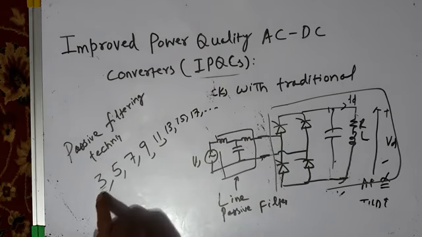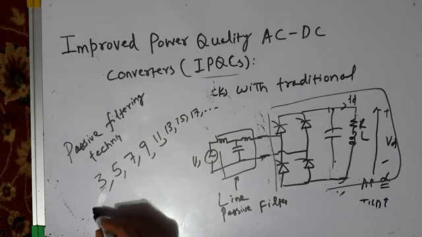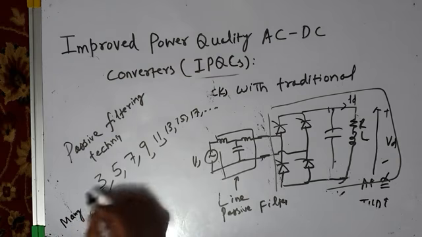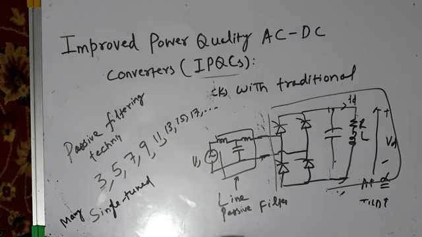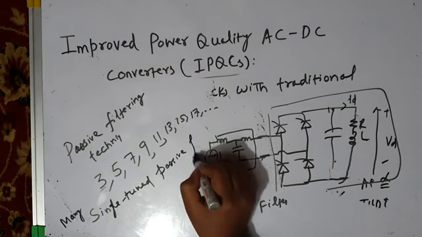For suppressing each harmonic, you have to use single tuned filters. Just one or two classes before, I have discussed with you passive filtering technique. In passive filtering technique, we use many single tuned filters, जिनको band pass filter भी कहते हैं, single tuned passive filters.